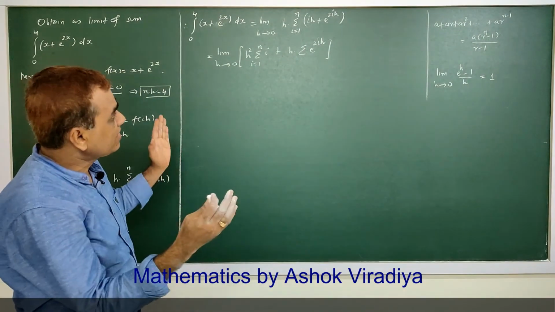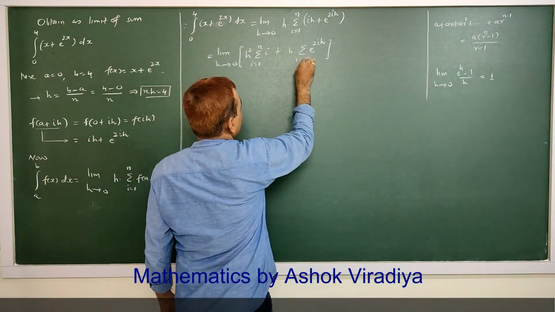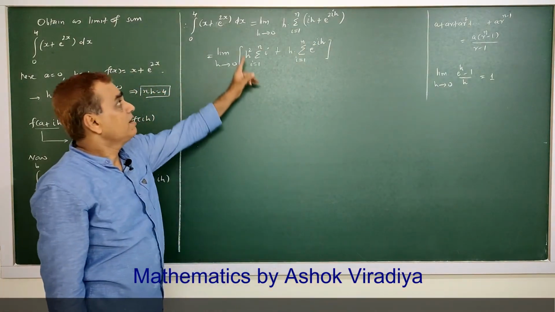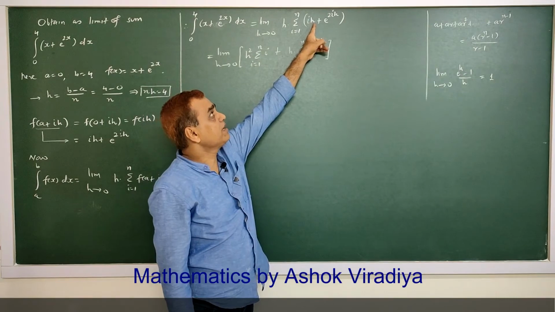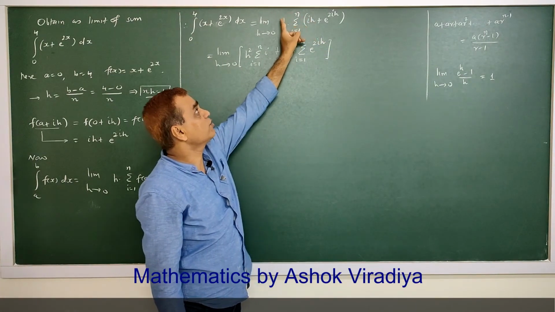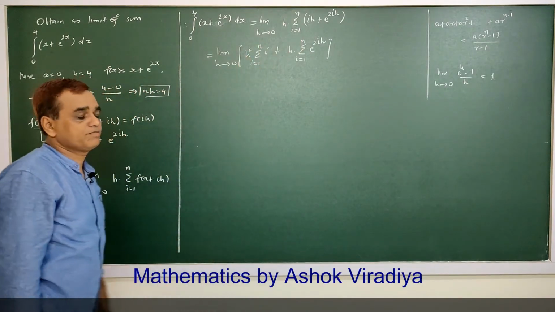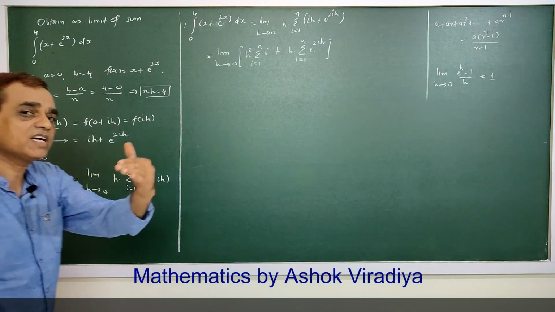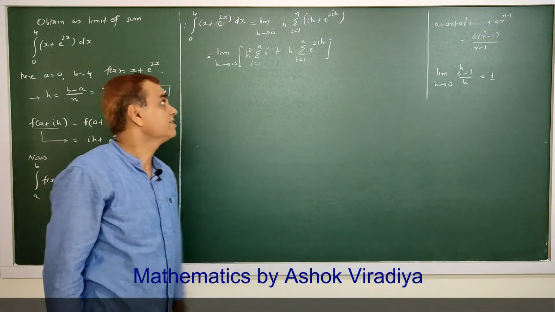Always remember, for sigma, h is constant and i is variable, so h we always take outside, giving h square. For sigma, i is variable, so we are not allowed to take i outside.